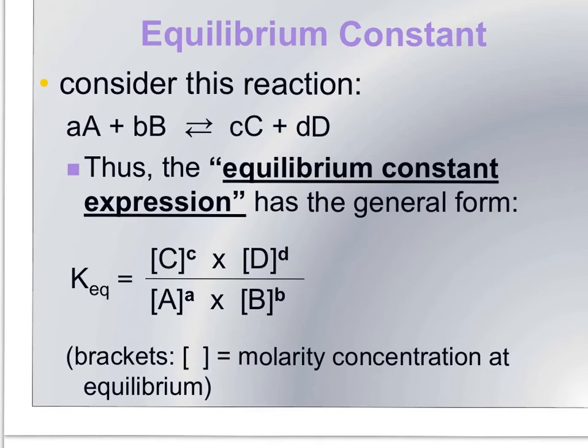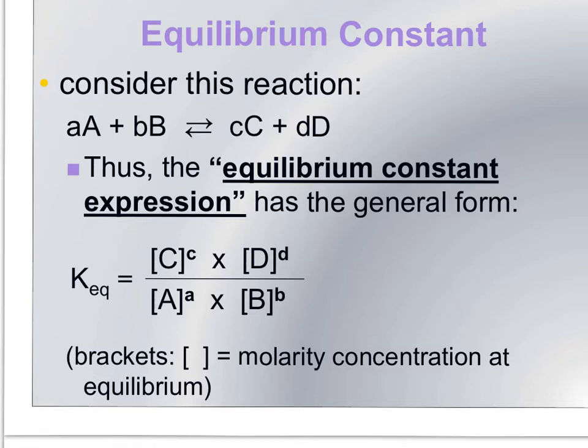So this slide is saying the same thing. So if you have a reaction A plus B yields C plus D, your equilibrium expression, your KEQ expression, is the products over the reactants raised to the power of coefficients. So it's exactly the same expression as Q. Again, the only difference is these concentrations can't be at just any time.